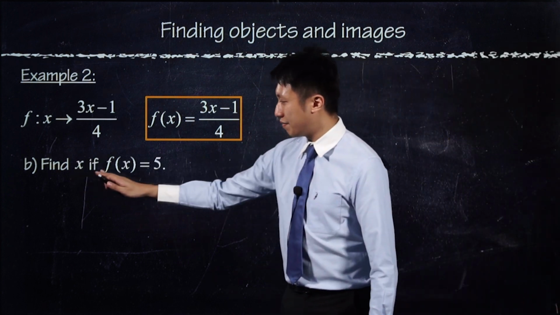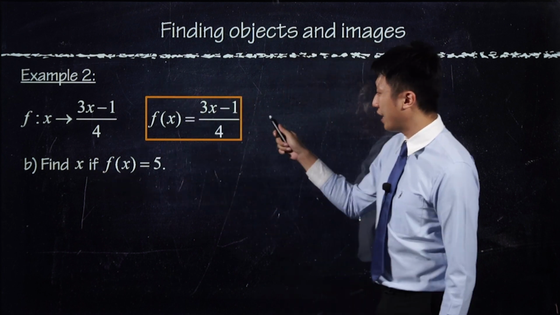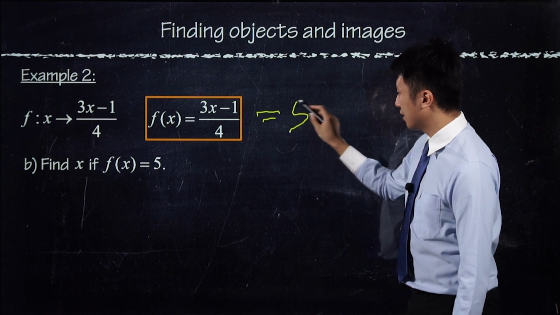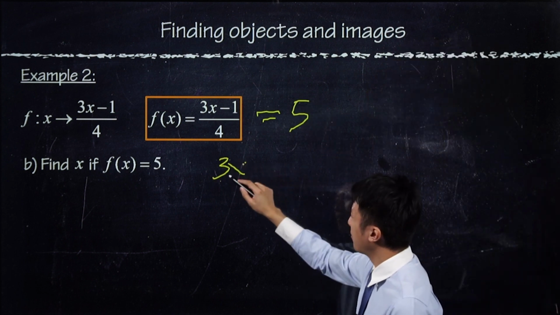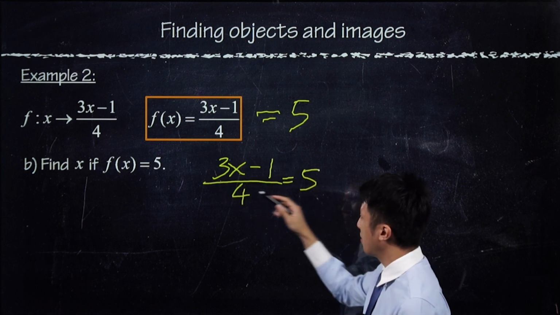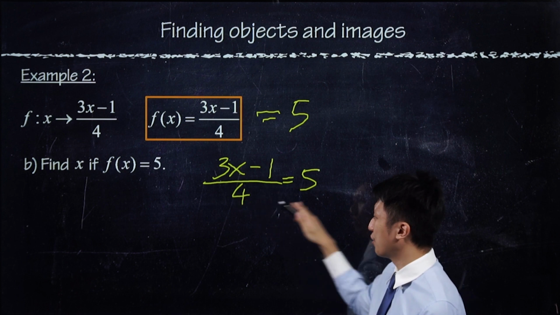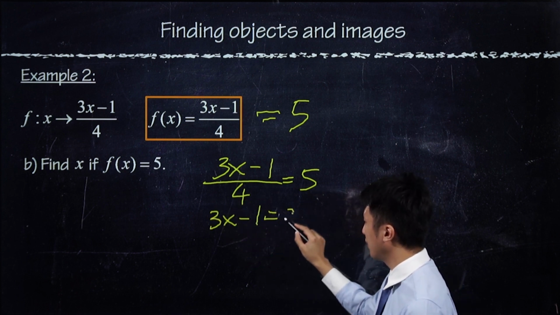Find x if I know f(x) equals 5. f(x) is this one. I want to let this be equal to 5. So I have (3x minus 1) divided by 4 is equal to 5. I multiply both sides by 4, so I get 3x minus 1 is equal to 20.